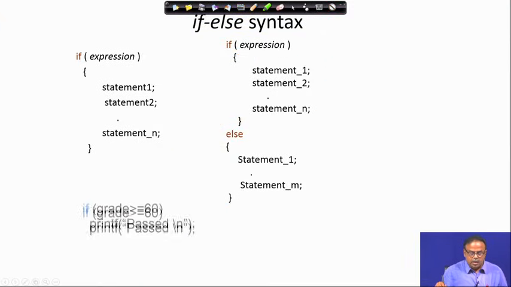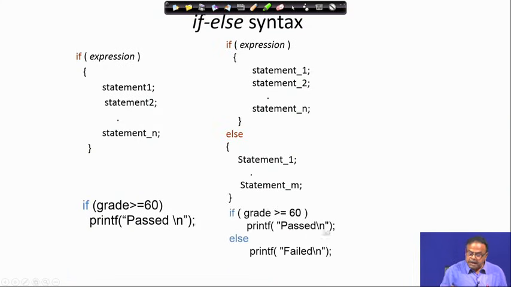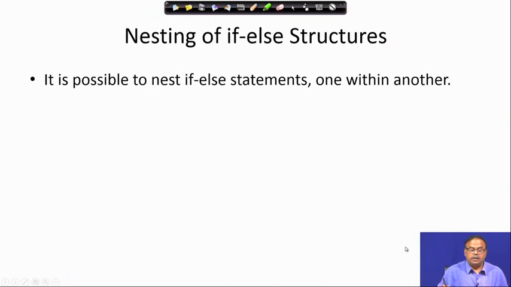So, if grade is 60, printf passed, else print failed. Now, next we are coming to a little more complication of the same thing. It is a nesting of if else structure. Now, by this if else, what are we trying to achieve? We are achieving branching.